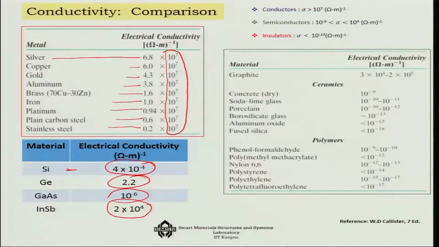So, we can see here that the semiconductors are between 10 to the power minus 6 and 10 to the power 4 per ohm meter, and conductors are greater than 10 to the power 7 per ohm meter. And if we consider the insulators in this list, then graphite is 3 into 10 to the power 4 to 2 into 10 to the power 5.